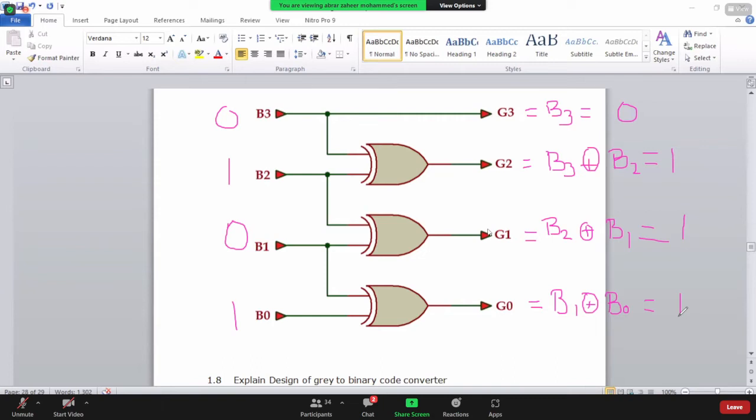So in this way we can convert the binary to the gray. So this circuit is used to convert the binary code into the gray code.